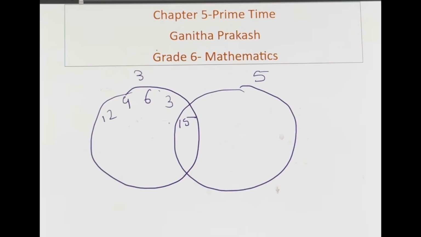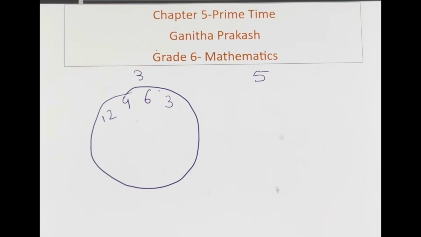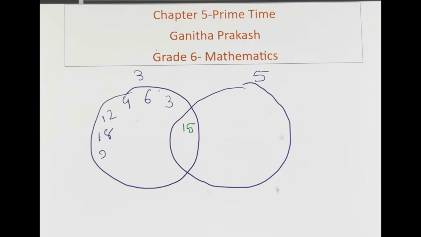Let me change the color and write down the common ones. 15 will be here. Now after 12, 15, then 18, 21, then 24, 27. So 30 will be common for both. So we write 30 in the center. Okay.